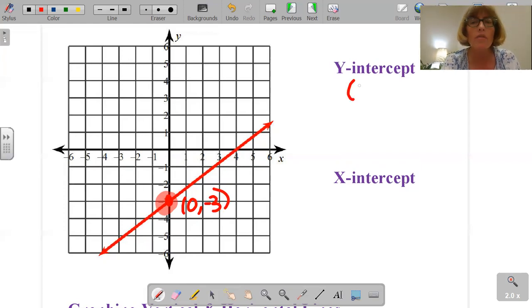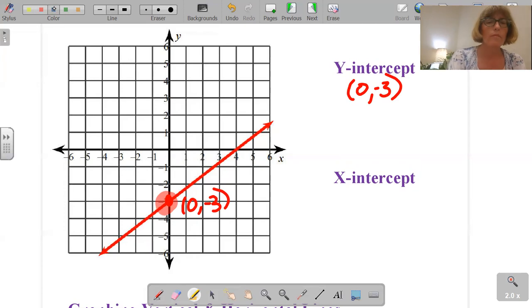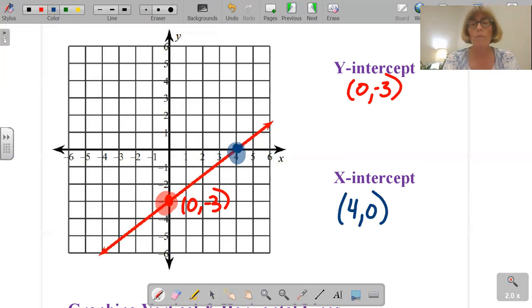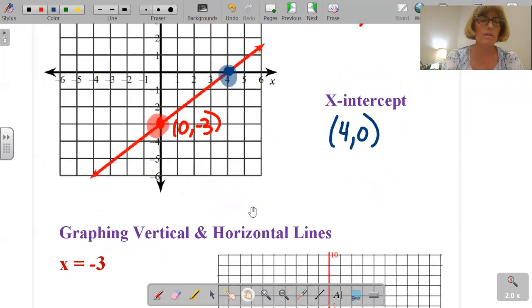So on this graph, (0, -3) is the y-intercept. Our x-intercept would be (4, 0). So y-intercept is where it crosses the y-axis, x-intercept where it crosses the x-axis.